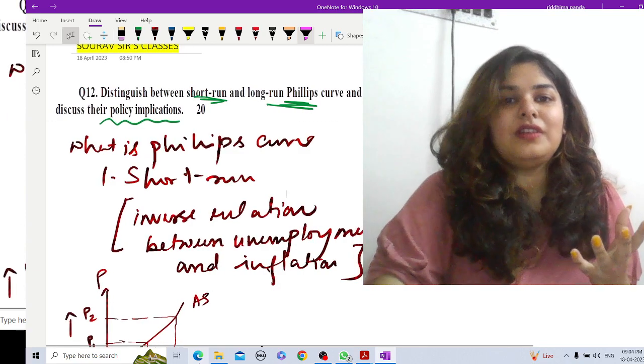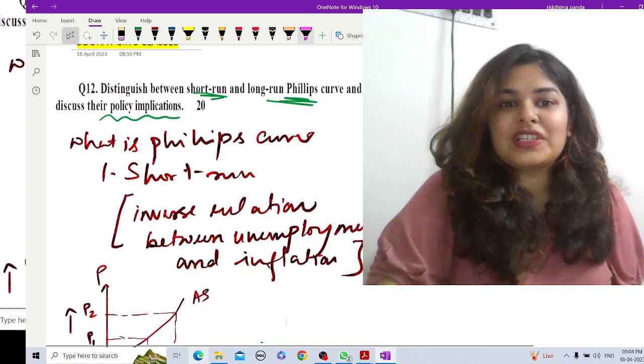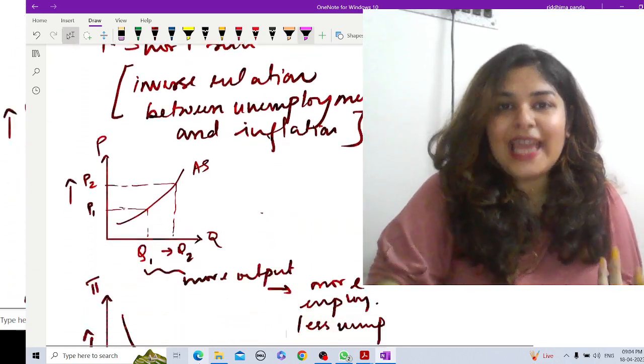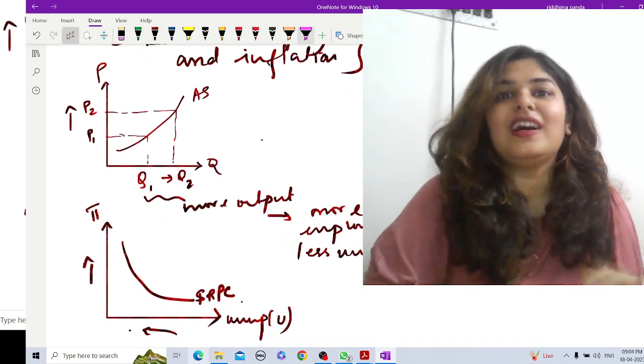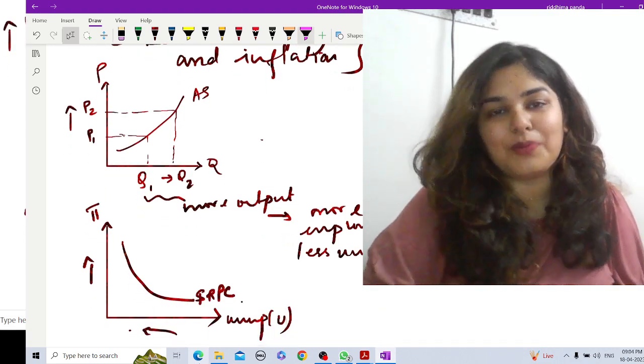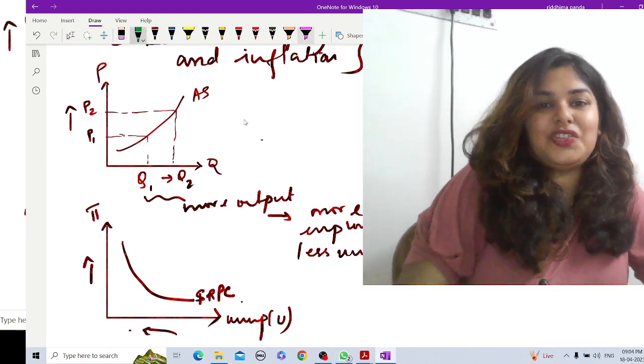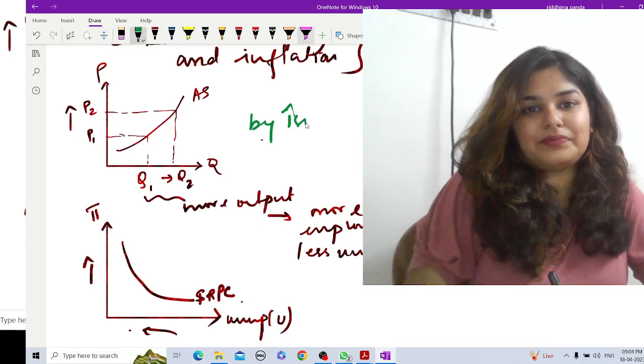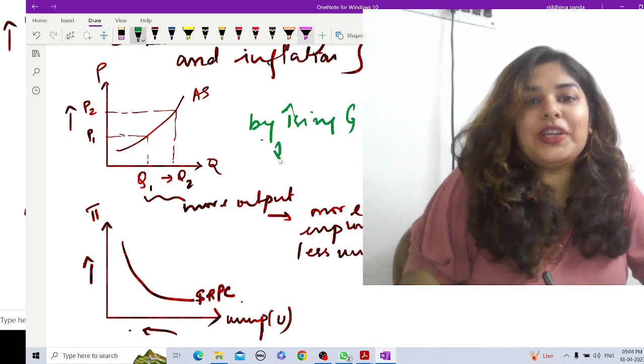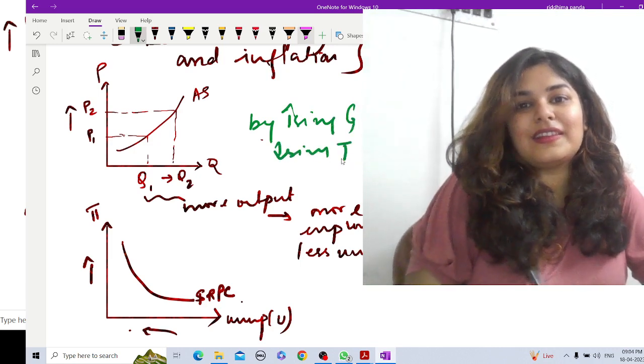in the short run, any type of fiscal or monetary policy can help in adjusting the unemployment rate, that is, reducing the unemployment rate. So by increasing government spending, by increasing G, or reducing taxes, right?